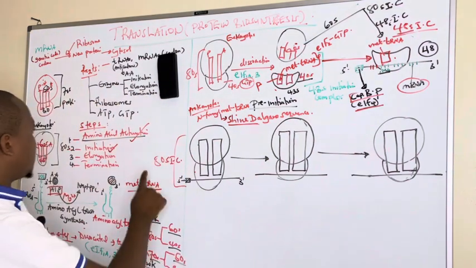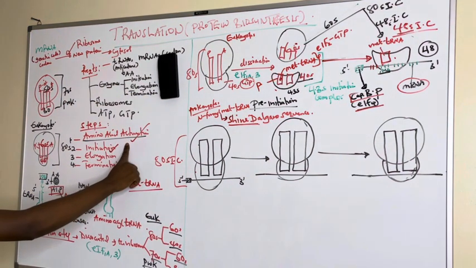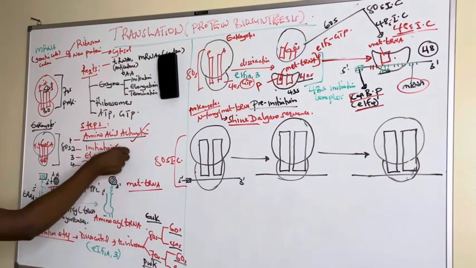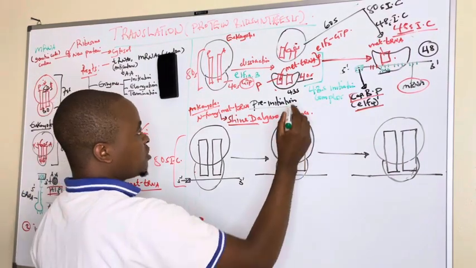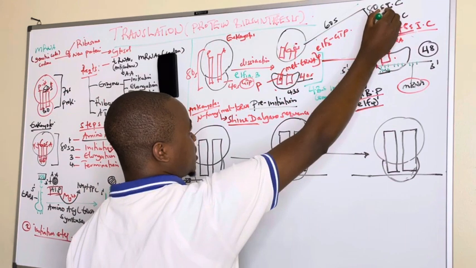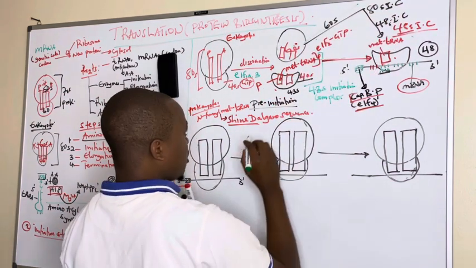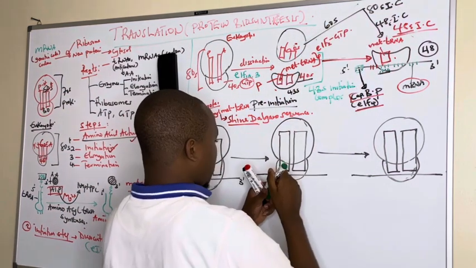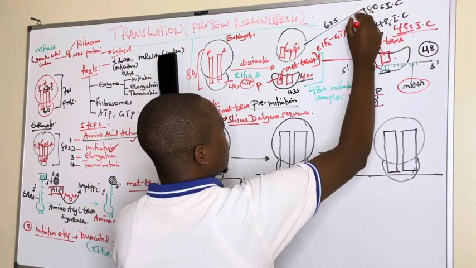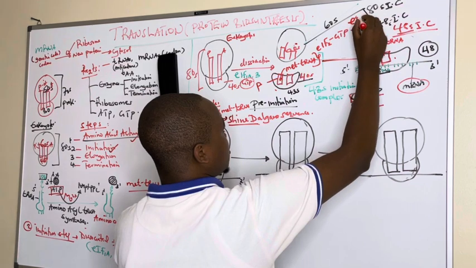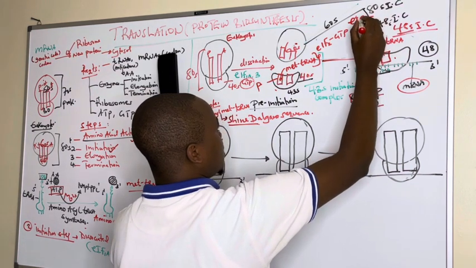So we have finished amino acid activation. And the factor that enables association of this with this to form the 80S complex is what we are calling eukaryotic initiation factor 5.